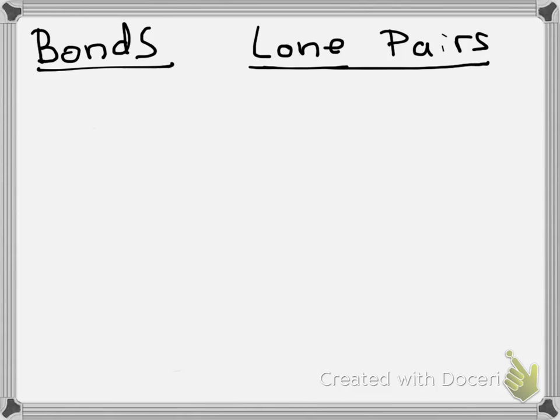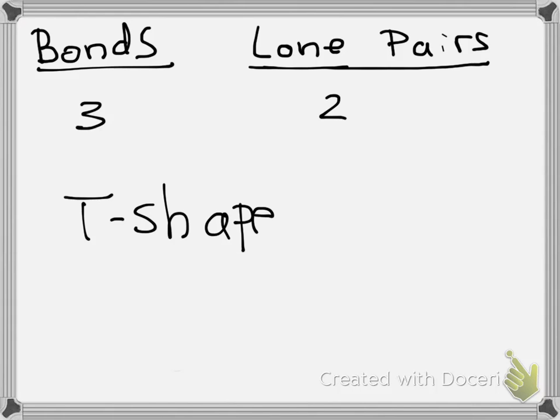And then we have 3-2, so this is still in the 5 location category. This one's T-shaped. And you could probably tell it's T-shaped in my drawing. It kind of looks that way. So you have a central atom here, and then you have a bond here, a bond here, and a bond here.